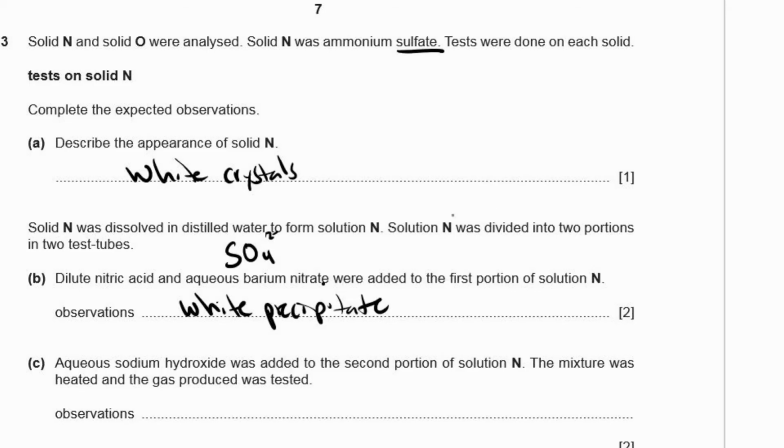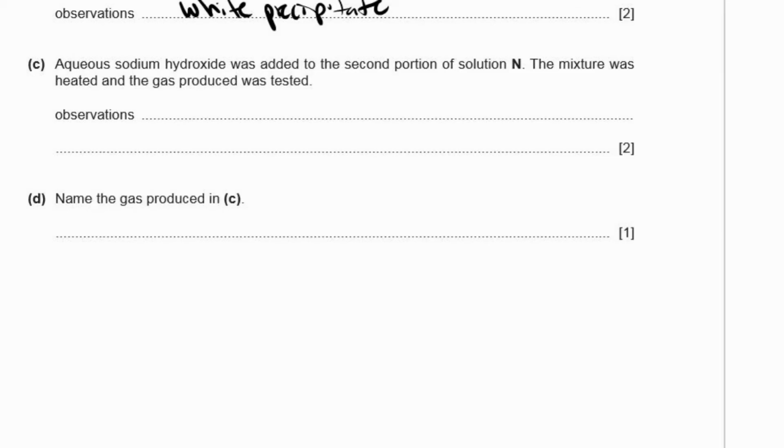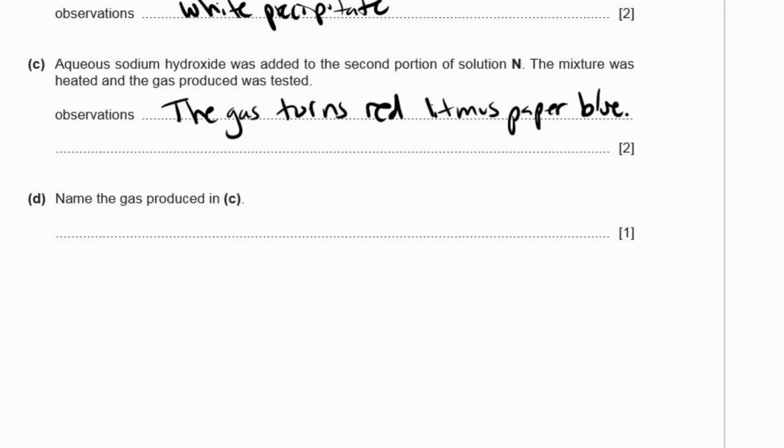A white precipitate. C. Aqueous sodium hydroxide was added to the second portion of solution N. The mixture was heated and the gas produced was tested. Okay, so what did you see? Remember, it was ammonium sulfate. What you're going to have is ammonia gas, and so ammonia gas turns red litmus paper blue, because it's a very alkaline gas.